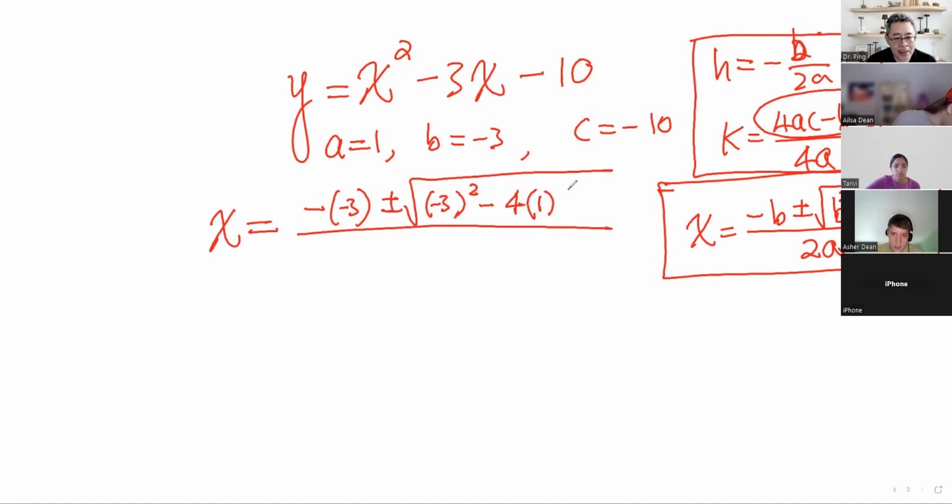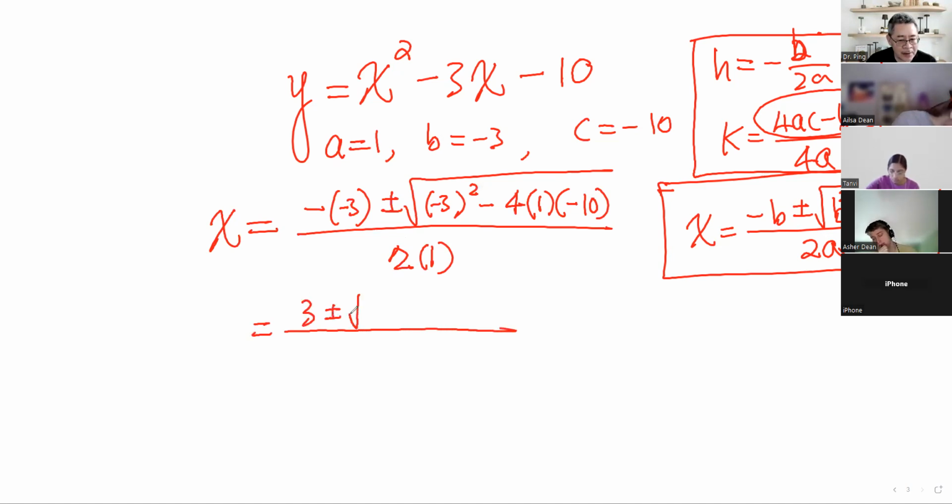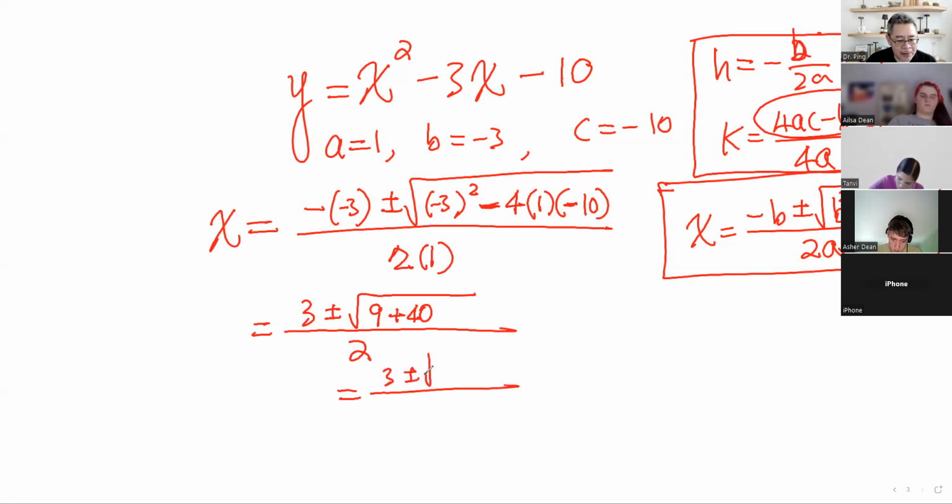Negative 4 times 1 is 4. I just did negative 4. Okay. That makes a lot more sense. All right. So negative 3 squared is 9. Then negative and negative positive, so that's 40. And we got 2 on the bottom. So what we got here is 3 plus minus the square root of 49 over 2.